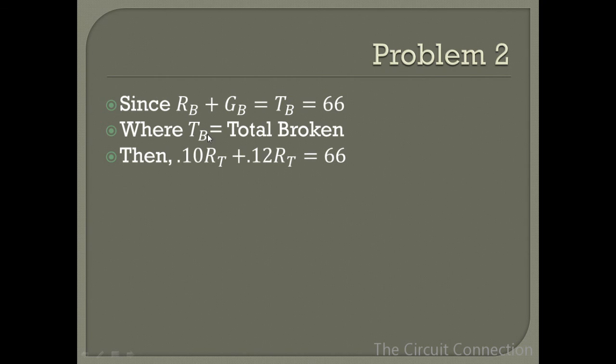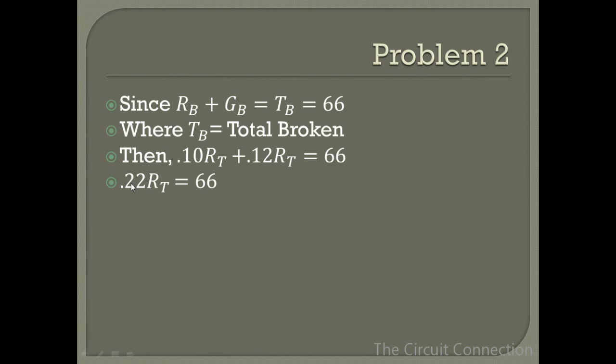Again, T sub B is the total amount of broken pencils, which is 66. So making the substitutions, now we have only one variable that needs to be solved for, which is R sub T, which is the total amount of red.